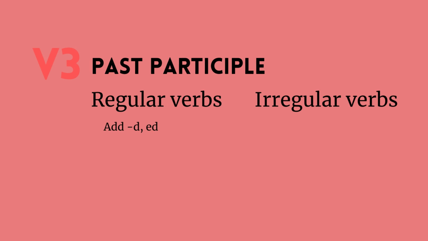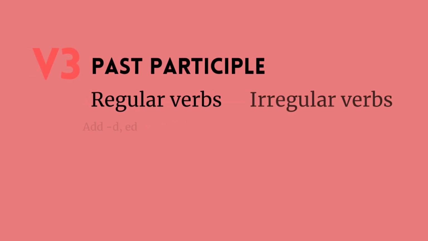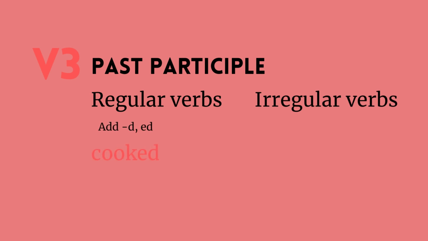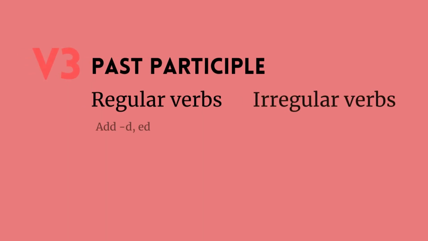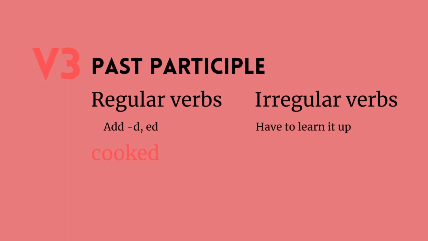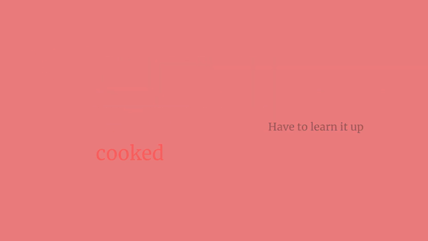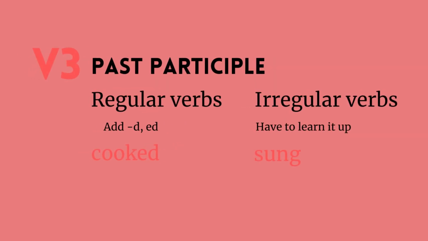So it is the same as V2 and we get it by adding D or ED to the base form. So the past participle form of cook is still cooked. Irregular verbs, however, as you have learned by now, you just have to learn it up. So the past participle of sing is sung.